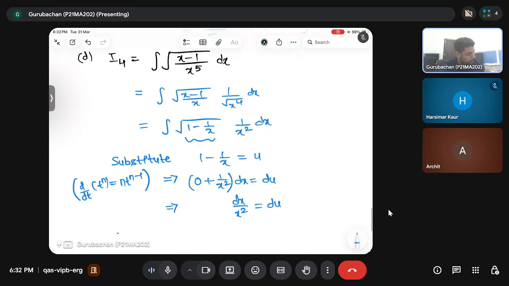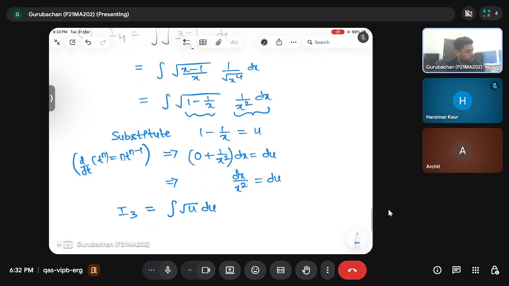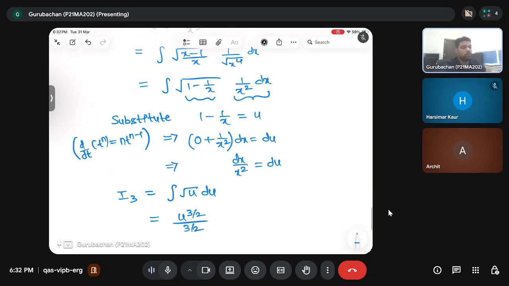So simply I3 will now be the simple integration of under root u du, since this whole term is du. So this will be u to the power 3 by 2 divided by 3 by 2, because u to the power n plus 1 divided by n plus 1, plus some constant c4.